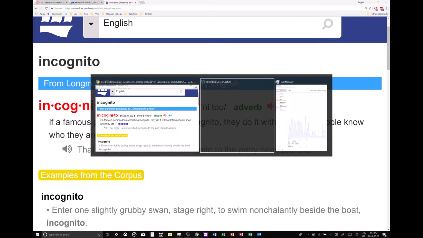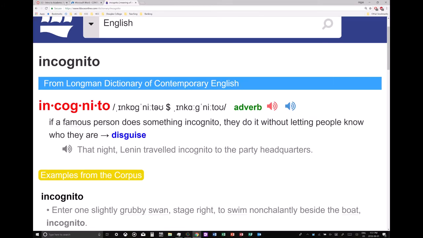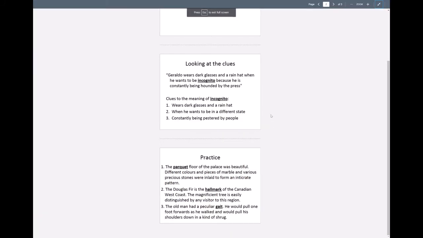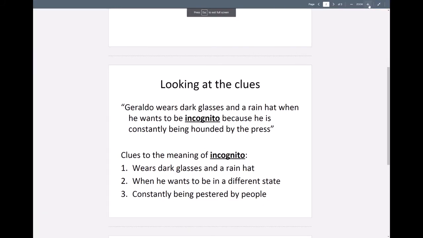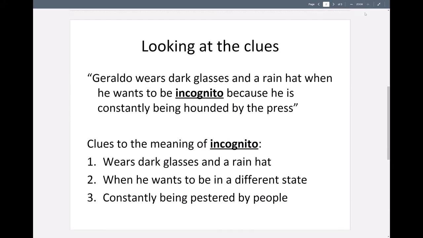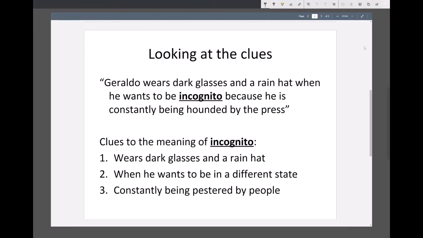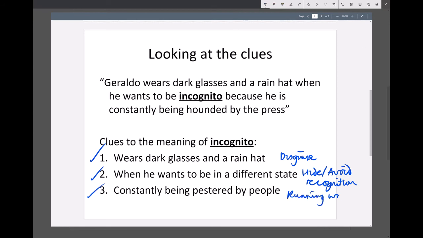So, going back to our clue, to hide, to avoid recognition, because he is running away from people who are chasing him.